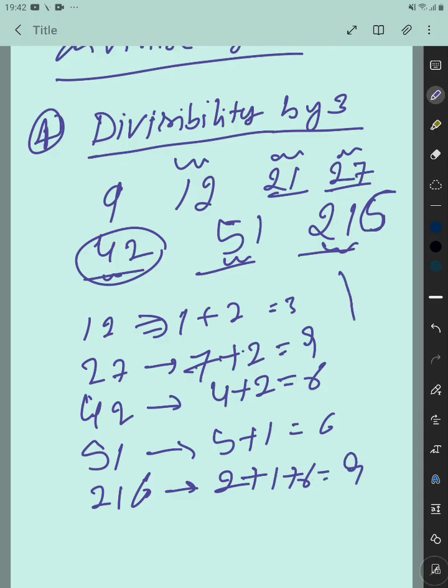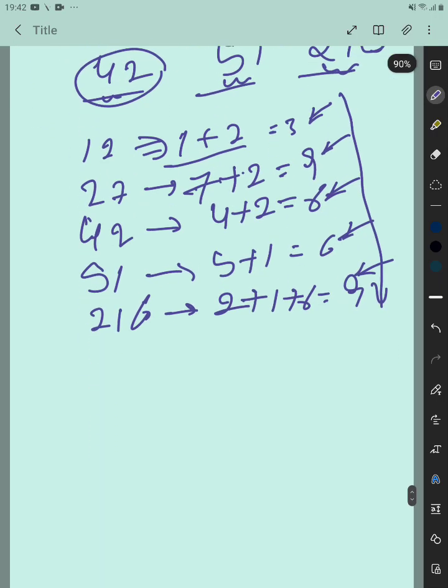So some pattern we can see here: the sum of the digits is divisible by 3, okay. Every number here is divisible by 3. If the sum of the digits of any number is divisible by 3, then that number is divisible by 3, okay. So this is the conclusion. So what is our conclusion?